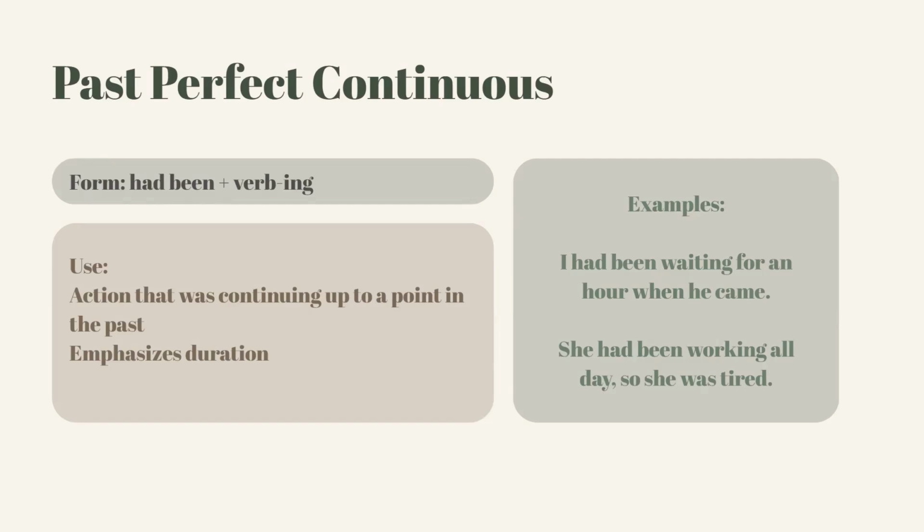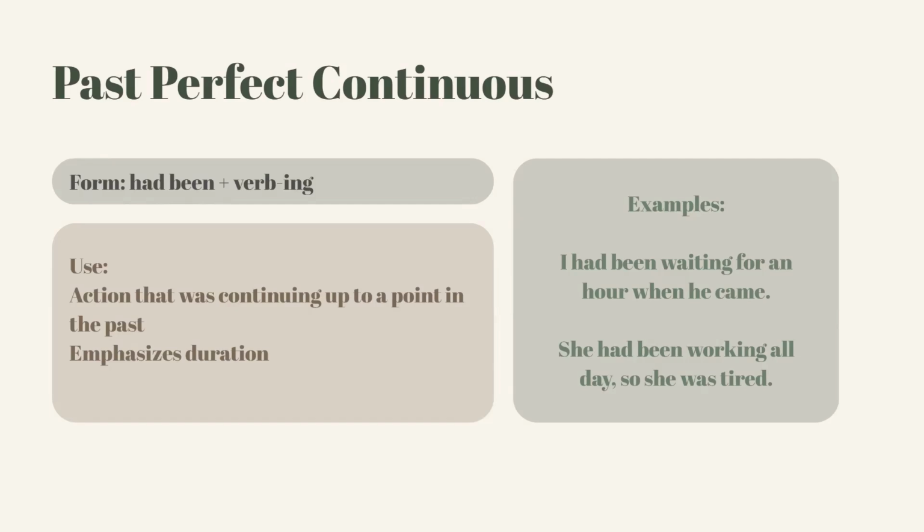It's actually quite similar to past perfect, but it emphasizes more the time that it took us to do that action. For example, she had been studying for 3 hours before her exam started.